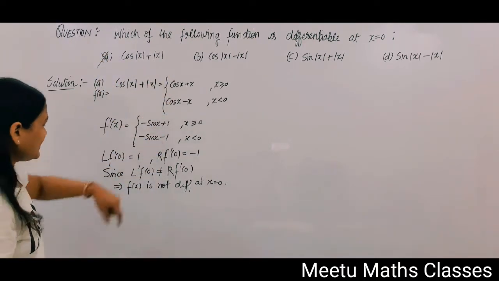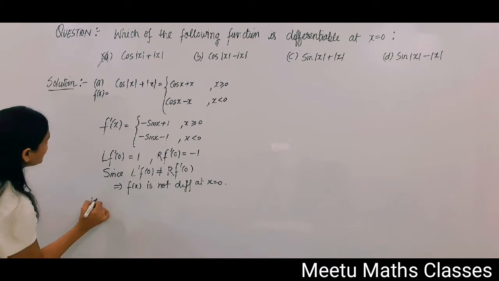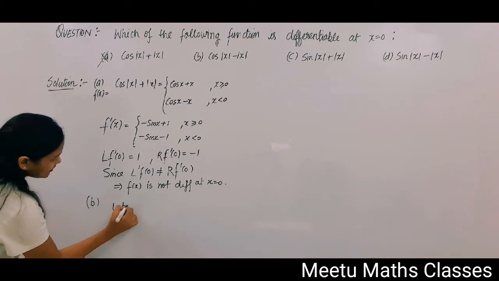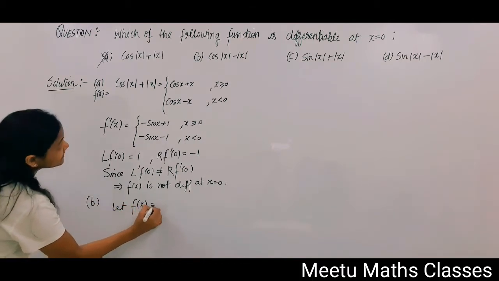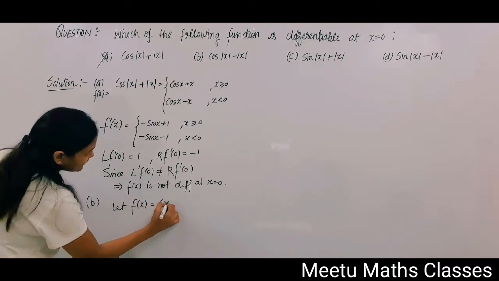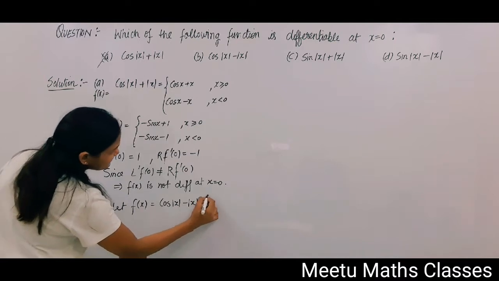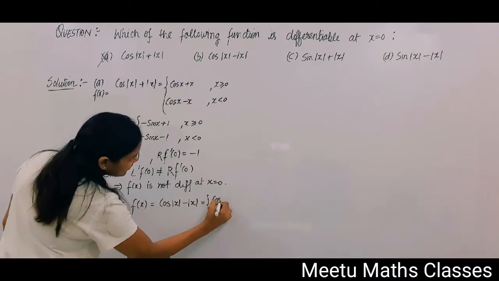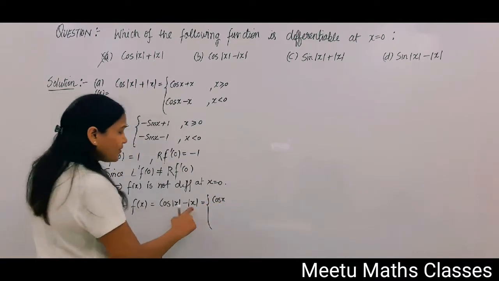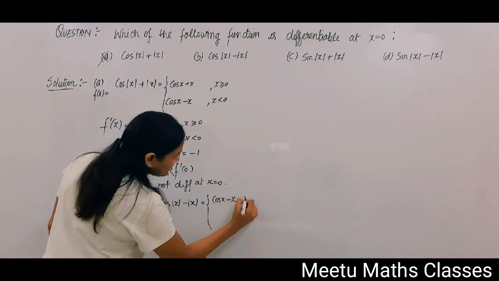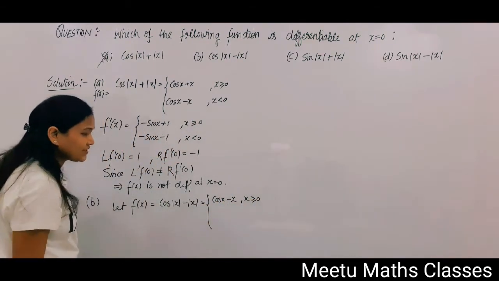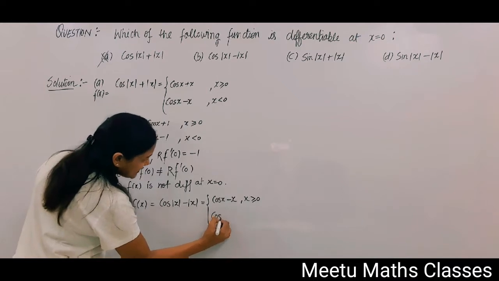Now check for the second function, your function b. Let now your f(x) be cos of modulus x minus modulus x, that can be defined as cos x minus x when x is positive, and minus x when x is negative.